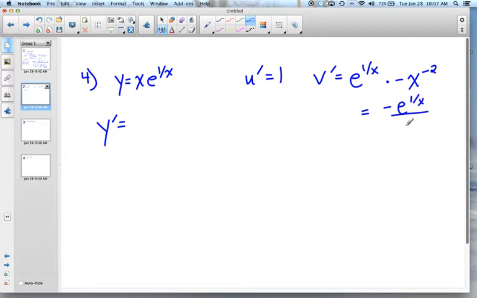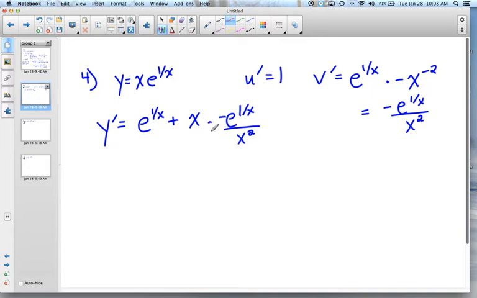over x squared. Okay, so then for y prime, we get u prime v, so we're going to have 1 times e to the 1 over x plus uv prime, so we have x times negative e to the 1 over x squared.